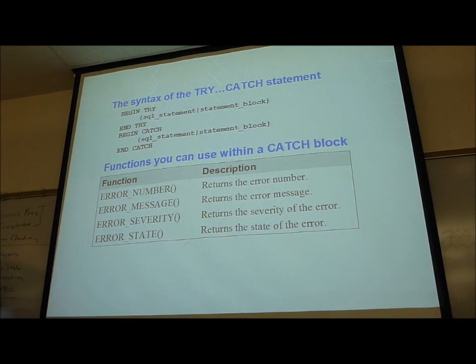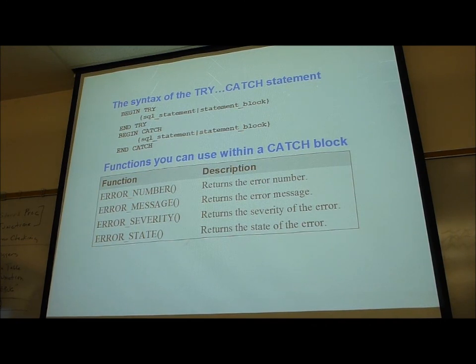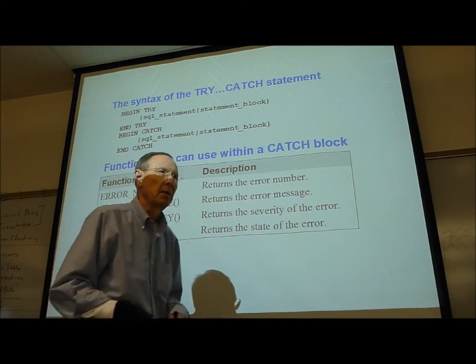Just think of it as tossing the message back. I can interrogate what that message was with this error message function. From the bottom level, the error message keeps popping up? Yep, it rolls up. You can think of it as passing it back up.